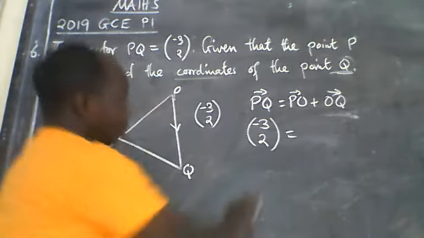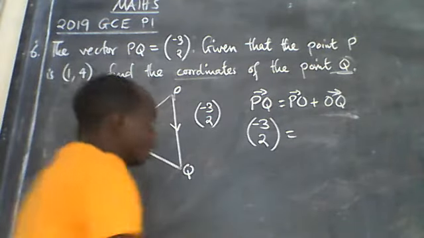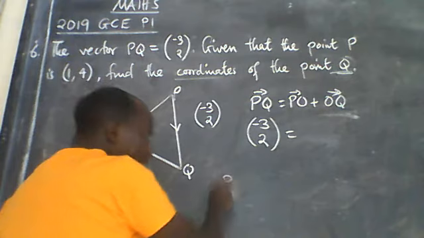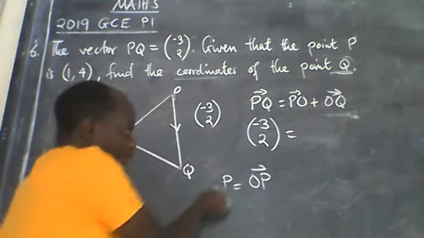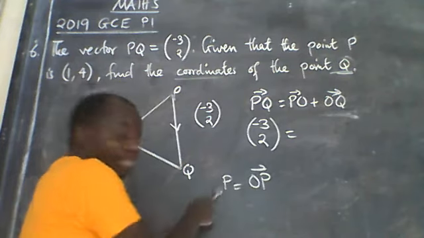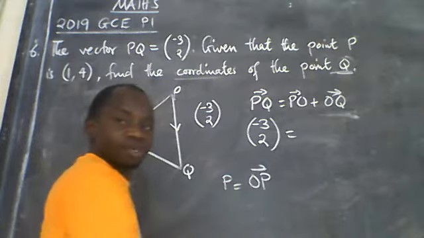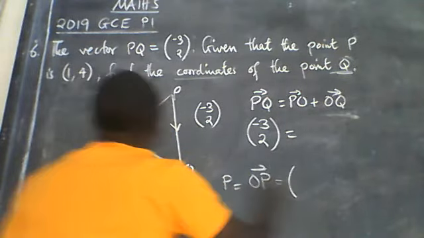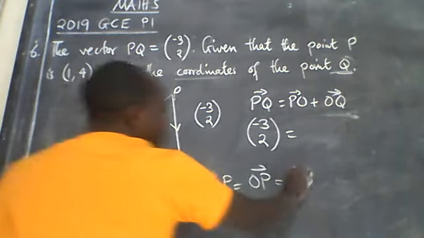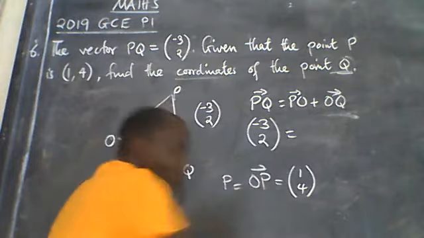From what I was explaining here, the position vector of the point P is OP. So in short, what I've been given here is OP, and I'll write it in this form, 1 and 4. That is my OP.